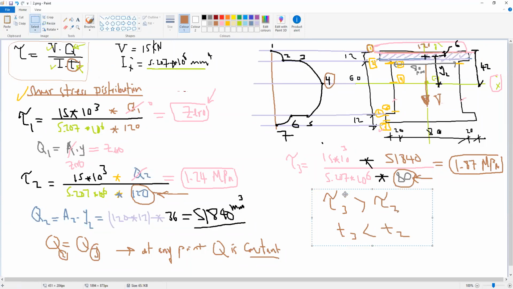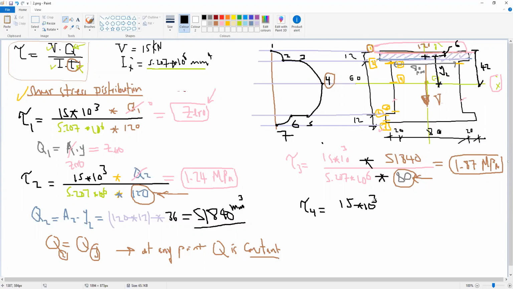Using the same equation, we will find tau 4. So tau 4 will be 15 multiplied by 10 to the power 3 divided by I, 5207 multiplied by 10 to the power 3, multiplied by T and multiplied by Q. What is T here?